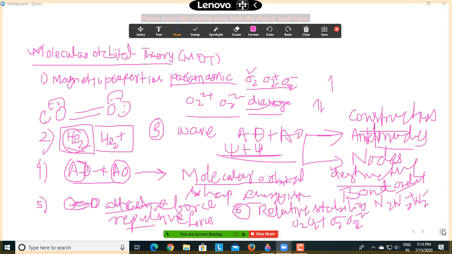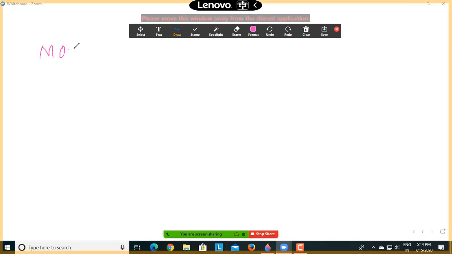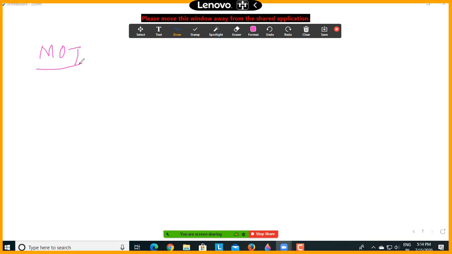That theory is known as molecular orbital theory. So in molecular orbital theory, electrons are taken as wave functions. Okay, electrons are taken as wave functions, and this theory is explained by LCAO.